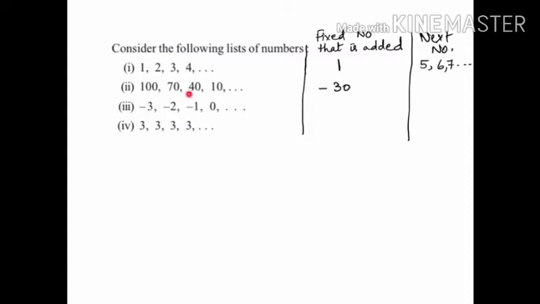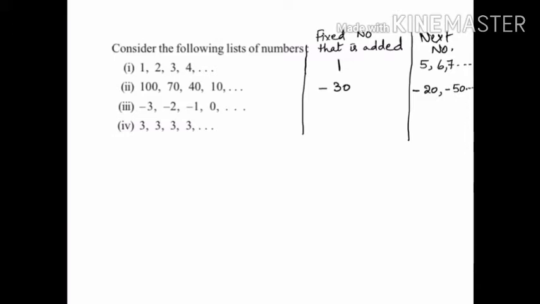We are subtracting 30 to get the next number, but we can say the same thing as we are adding minus 30 to the previous number to get the next number. So the next number here will be minus 20, then minus 50, and so on.